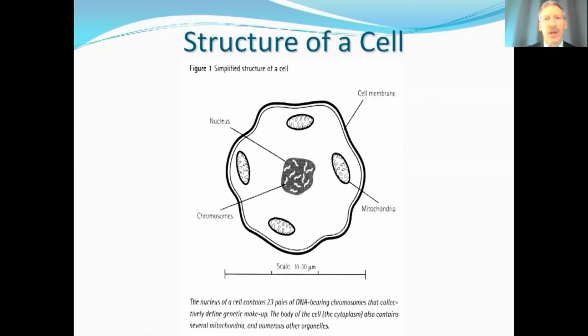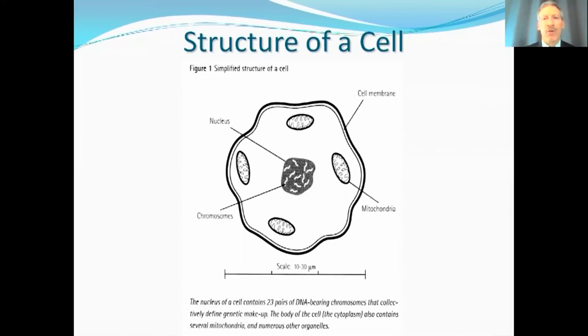In addition, there's also the mitochondria, which also have their separate genomes, 16,000 base pairs in the mitochondria, and those little organelles provide additional background because the mitochondria are passed down through the maternal line of descent.